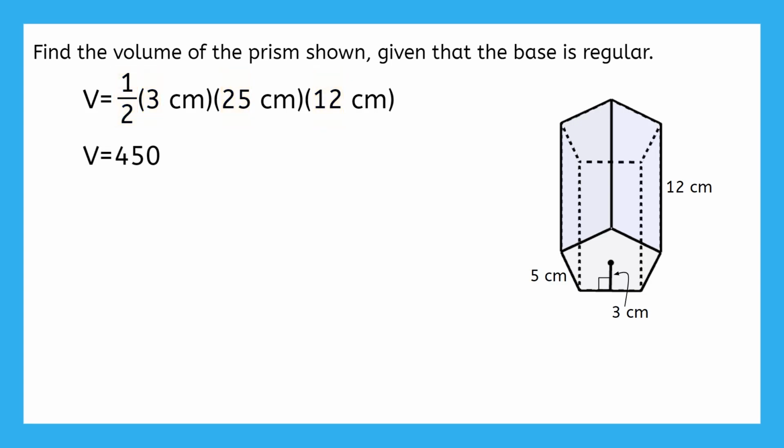And what about centimeters times centimeters times centimeters? What does that give us for our final units? That's going to be centimeters cubed. And just like that, we have our final answer.